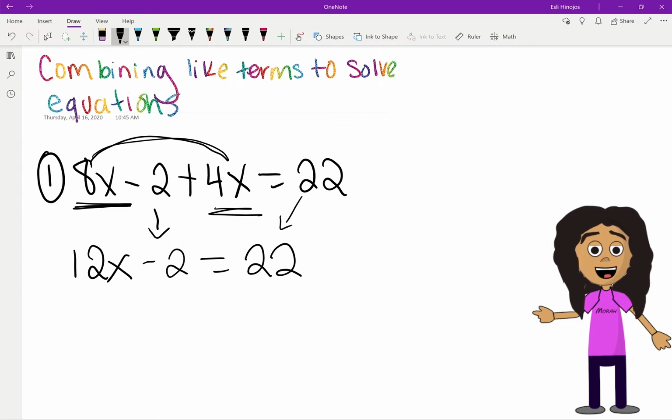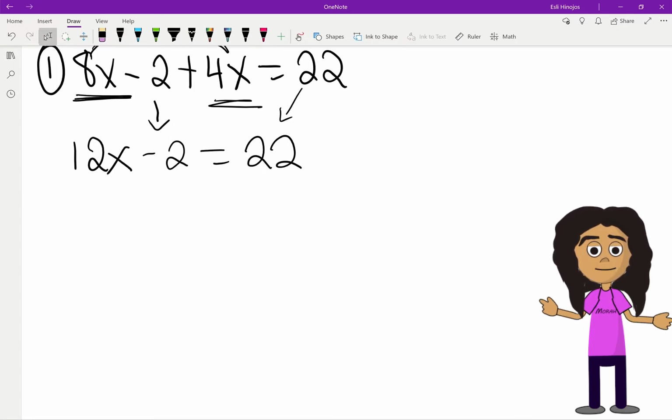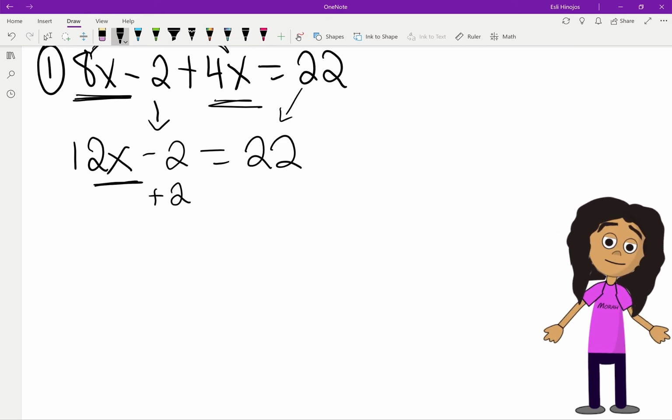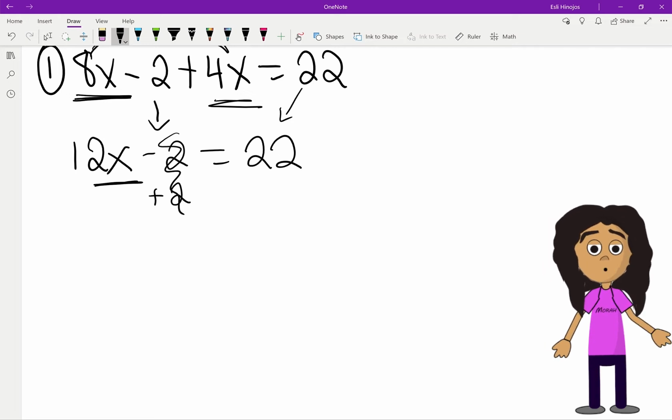And then, once you do that, our objective is to figure out what x equals. So in order for us to do that, we got to get x by itself. So what we're going to do is get rid of this 2. And in order to get rid of that 2, you're going to add a 2 because negative 2 plus 2 equals 0, so that they can cancel out, balance out, whatever you like to say.